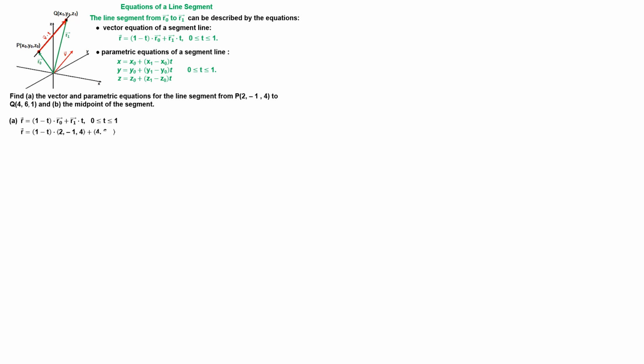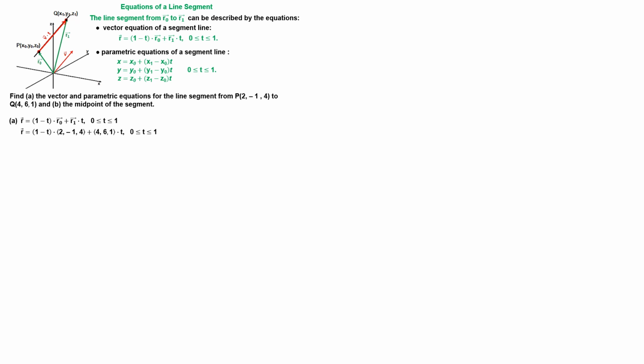Let's see how it works. Find a vector equation for the line segment from P to Q and the midpoint of the segment. Take the vector equation and observe that r sub 0 is a vector whose components are the coordinates of the initial point of the line segment, and r sub 1 is a vector whose components are the coordinates of the terminal point of the line segment.